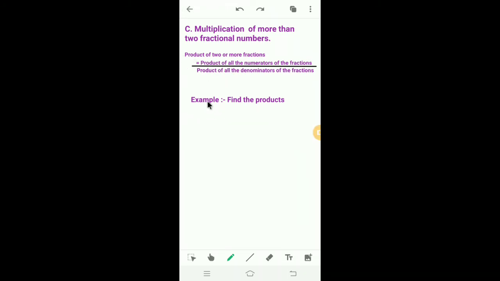Let's solve one more example. Find the products of 3 and 3 by 7 into 5 by 8 into 1 and 10 by 11. Here first we have to convert this mixed number into improper fraction. 3 7s are 21. 21 plus 3 is 24. 24 by 7.